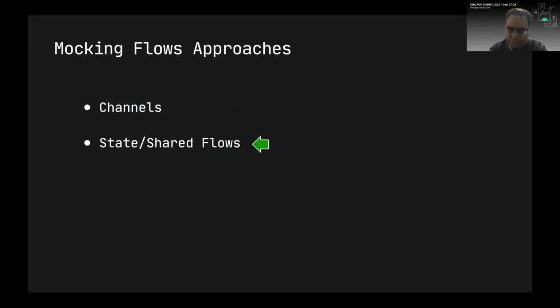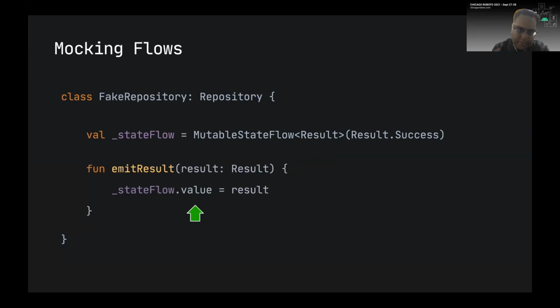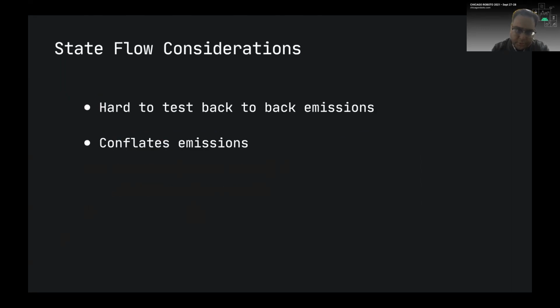The other approach you can take, and I'll share with you the approach of using a state flow and the downsides of it. With the state flow, you could very similarly expose a read-only flow. You could have a method where you push something to it, like a result. The downside of that approach is that you may not want to conflate behavior at the repo level.